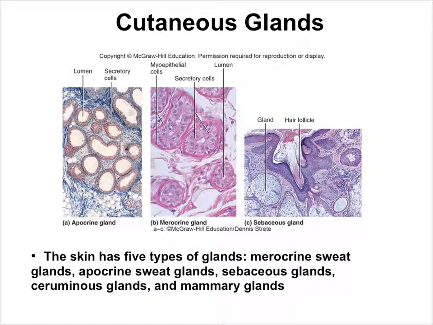There are 5 types of glands in the skin: merocrine sweat glands, apocrine sweat glands, sebaceous glands, ceruminous glands, and mammary glands.